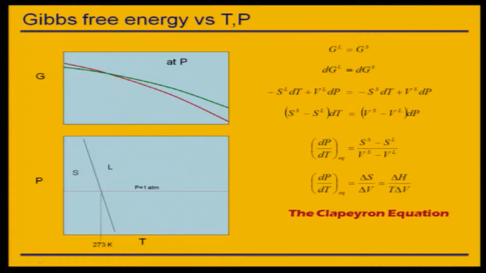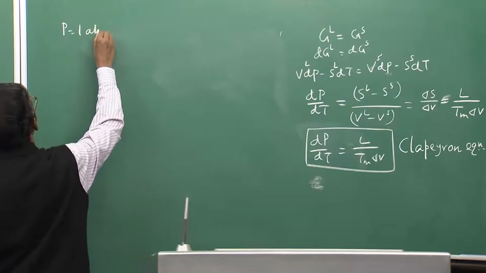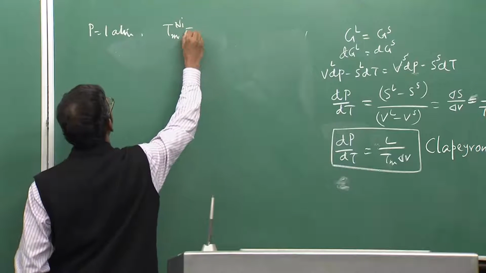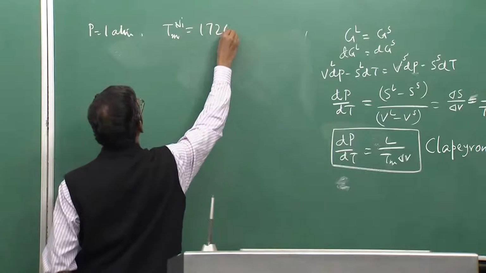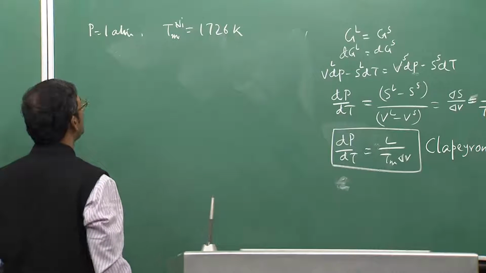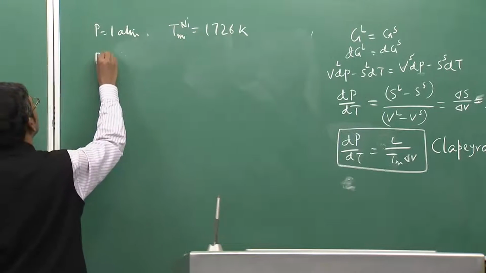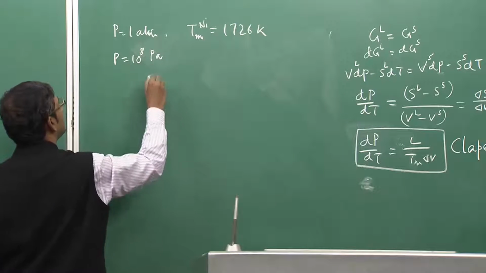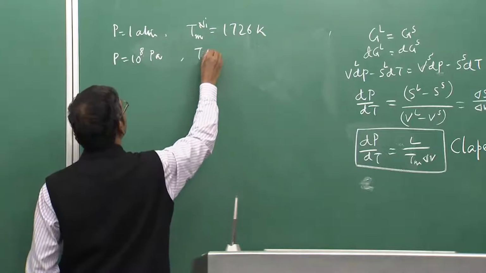Determine the melting point of pure nickel when it is acted upon by a pressure of 10 to the power 8 Pascal. So when pressure is 1 atmosphere, the melting temperature of pure nickel is 1726 Kelvin. Now if I apply a pressure of 10 to the power 8 Pascal, what will be its melting temperature?